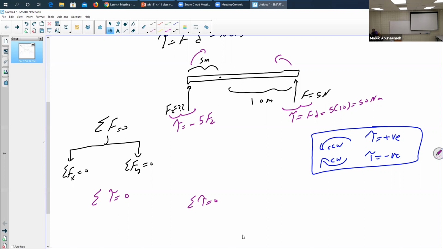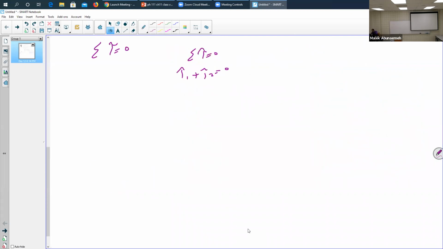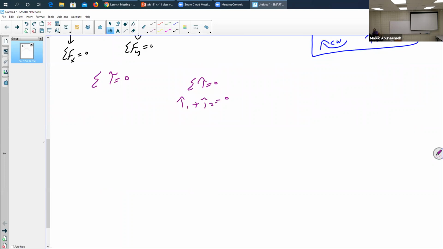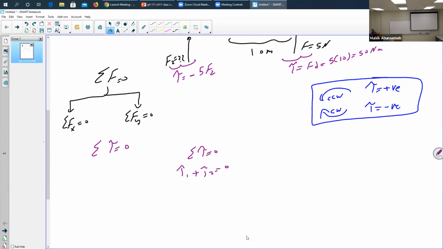That means your torque 1 plus torque 2 in our example has to equal 0. Which means T1 is 5 times 10 minus 5 F2 equals 0.